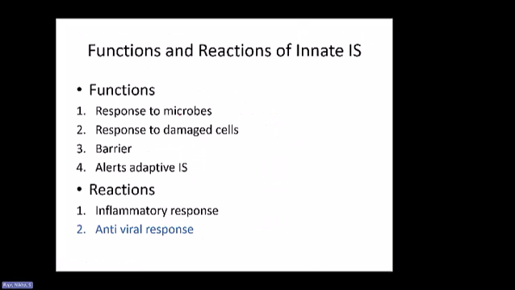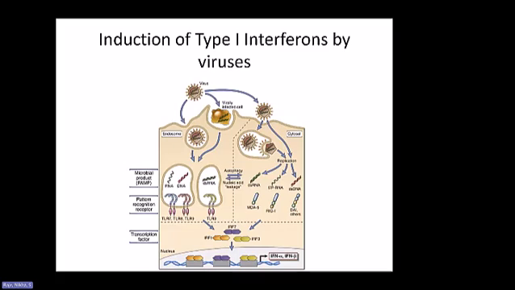All right, and the last one is the antiviral response. The antiviral response is produced because of the virus infecting a cell, and its components like double-stranded RNA, single-stranded RNA, and DNA are detected by pattern recognition receptors on the surface of the cell, in the endosome of the cell, or in the cytoplasm.